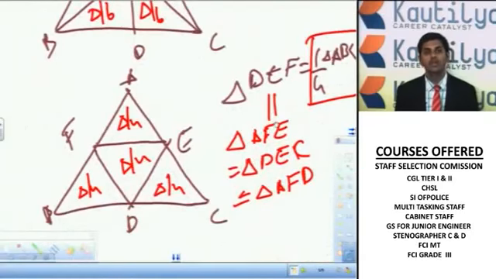And if we join the midpoints of the sides, then also it will form one triangle, and this will be 1/4 of the total area. So all these cases are for the equilateral triangle. This is very important, we should not forget, right?